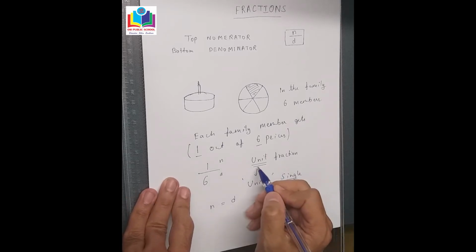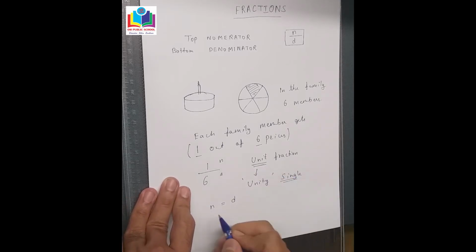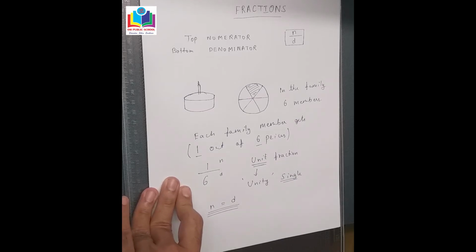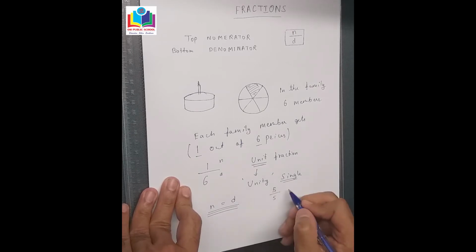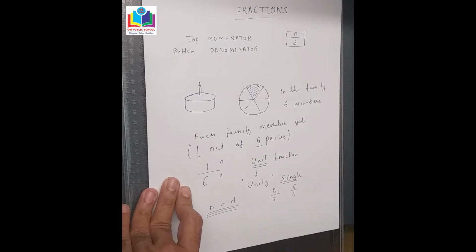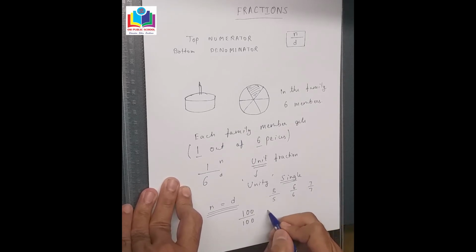I repeat, in a unit fraction, the numerator is equal to the denominator. How do we write that? 5 upon 5, 6 upon 6, 7 upon 7, 100 upon 100. These are all unit fractions.